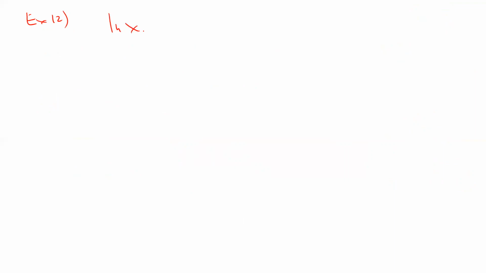Okay, let's go to example number 12 then. ln of x plus ln of x minus 2 is equal to 1. Ten more minutes. I think we can finish up here. Okay, so let's go with it.